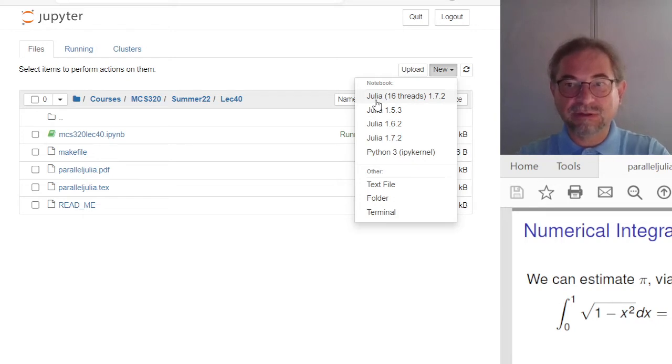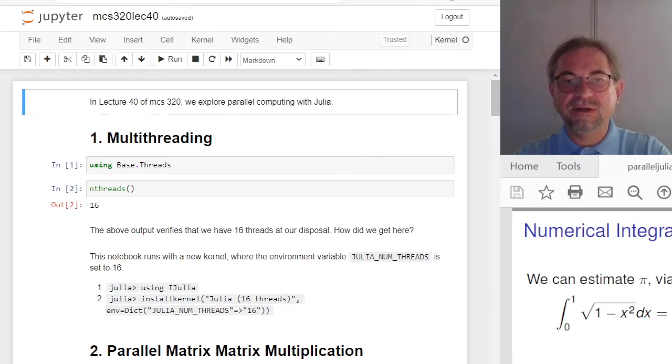Alternatively, on Linux and on Macs, you can set an environment variable, the environment variable that you set for the installing of the kernel. I'm backtracking here. These instructions need to be executed preferably in the Julia command terminal before you launch the notebook.